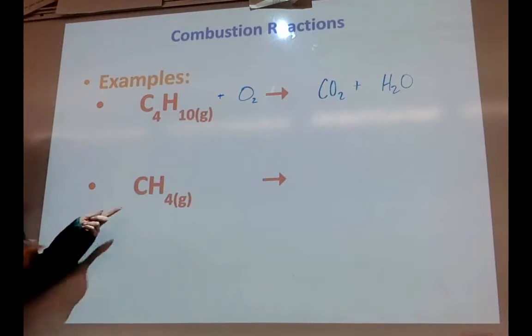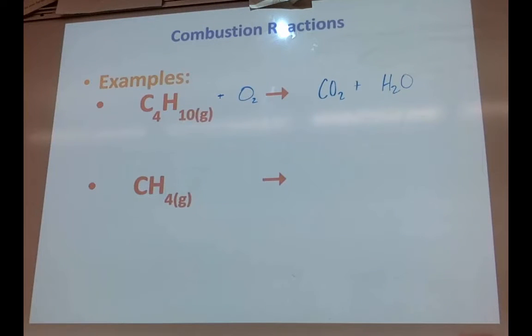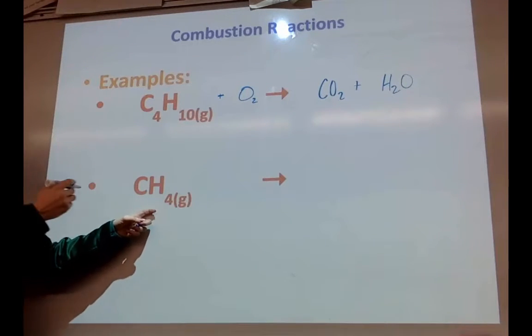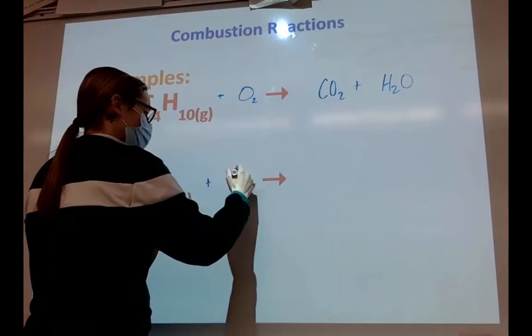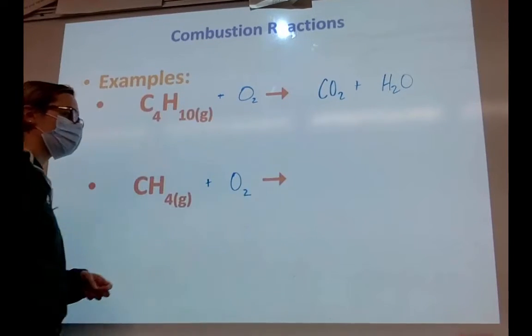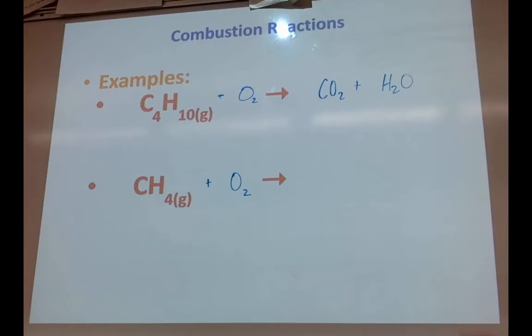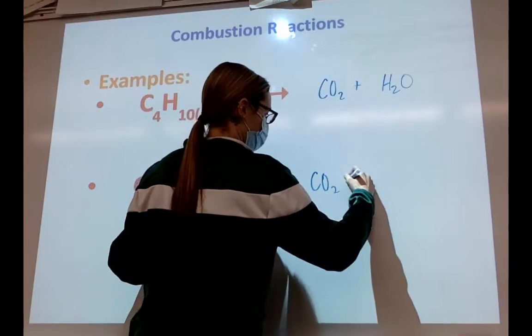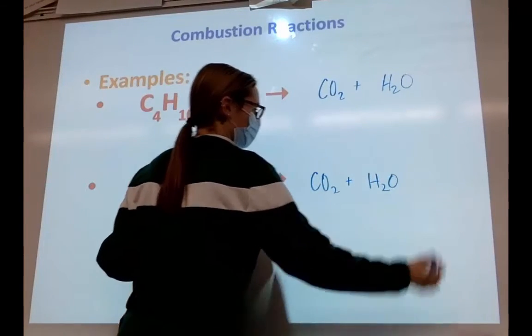We could do the same thing for this. This is methane. This is the gas I'm going to light on fire in the lab. This is the gas that comes out of our gas jets. This is a hydrocarbon, carbon and hydrogen together. If this is a combustion reaction, we will see plus O2. You need oxygen for a combustion reaction to occur, and it produces CO2 and H2O.